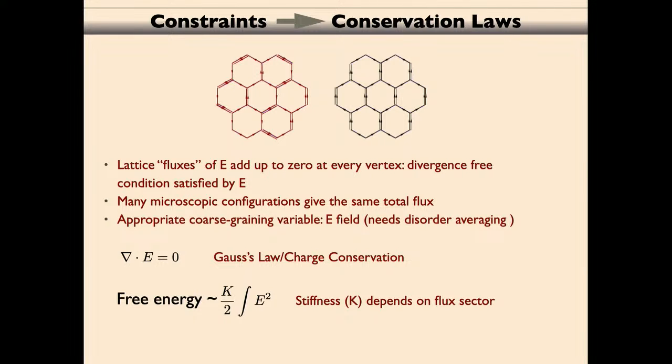One thing that comes from this constraint, which might not be so obvious, is this: if I think of this as a current or a flux of an E field, an electric field, that's how we're going to think about it, and I look at the flux of the E field in the vertical direction, then in this row there's 4 going up, 2 coming down, so there's 2 net. Every row has to have 2. I cannot change it. So there's a local conservation that propagates through the system.